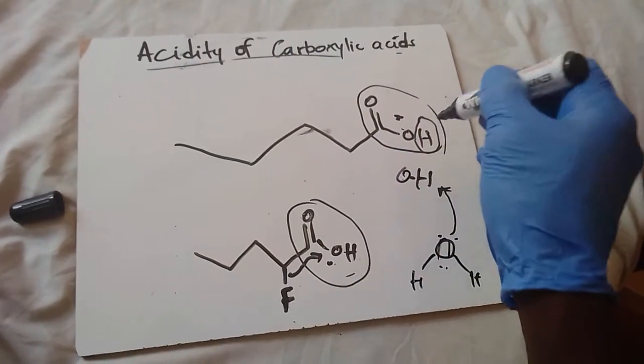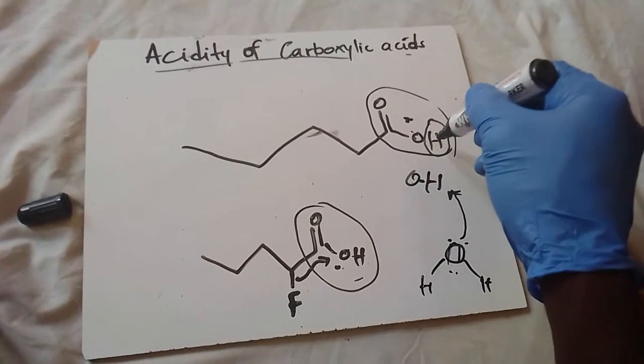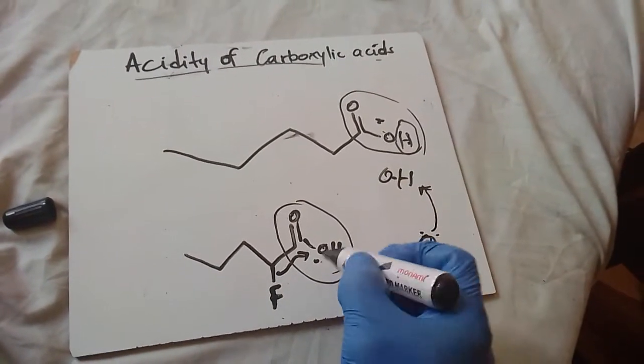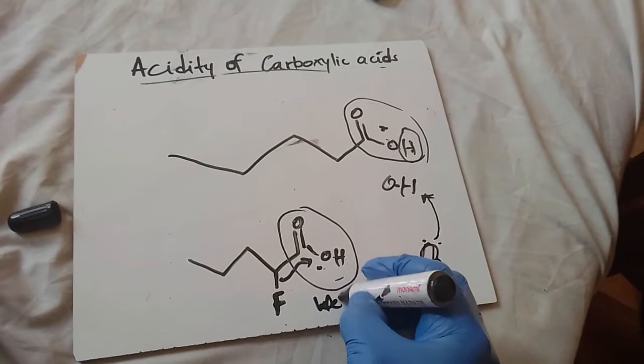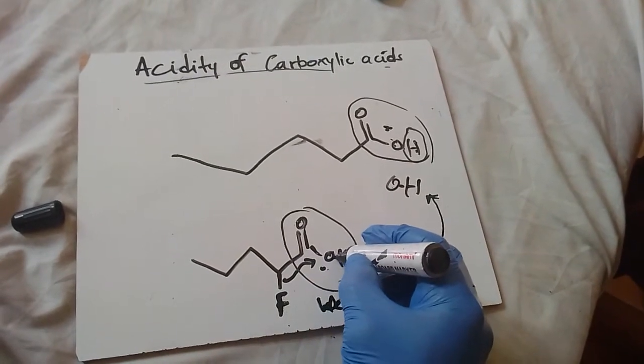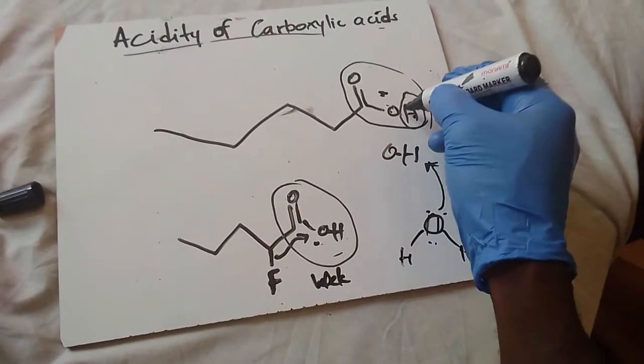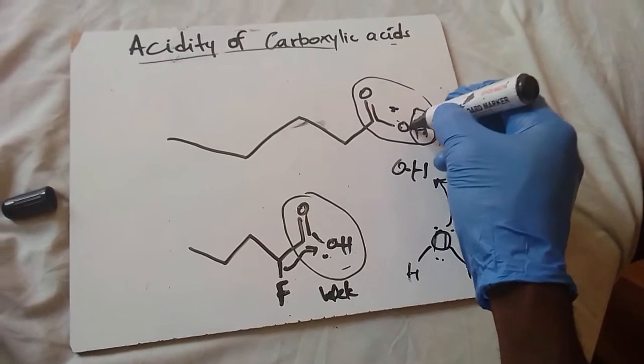So here there's going to be a strong force between the oxygen and this one as compared to here. This side is going to be a weak bond between this oxygen and the hydrogen. And here there's going to be a strong bond between this oxygen and this hydrogen.